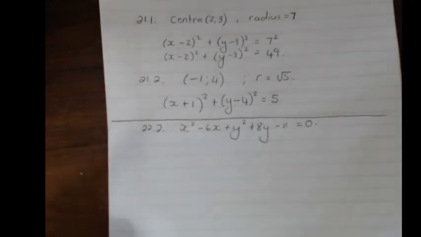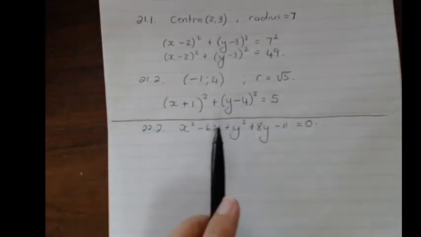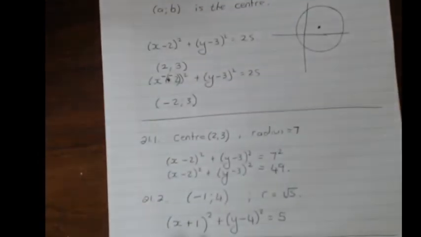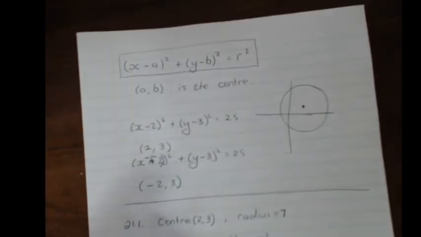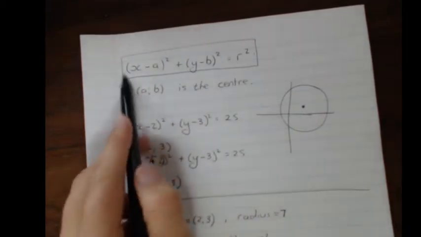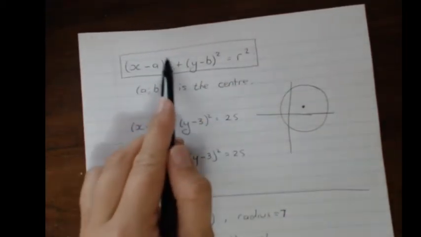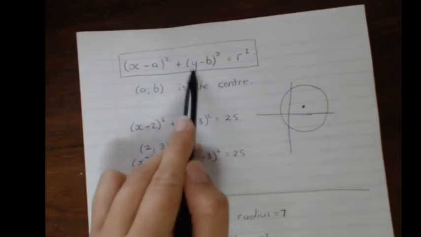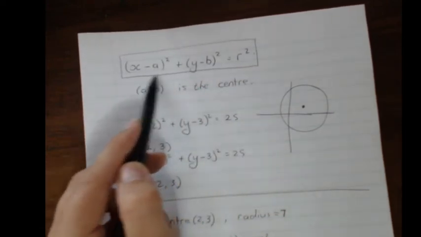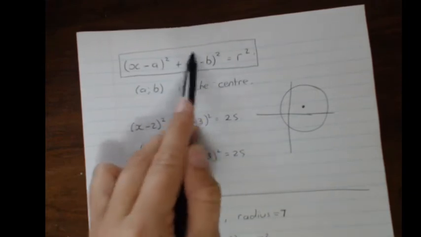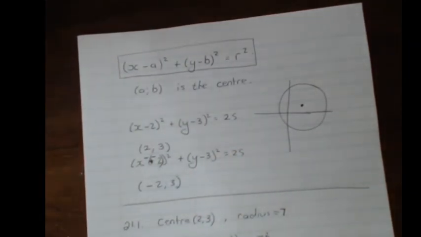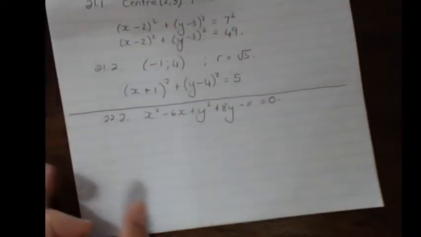So the first thing you need to be able to do with analytical geometry and the circle formula is you must be able to write an equation that they give to you into this form. And to do that, this might look familiar from something you did in grade 11, completing of the square, but now there's two of these things, so you need to do completing of the square twice in the same question.